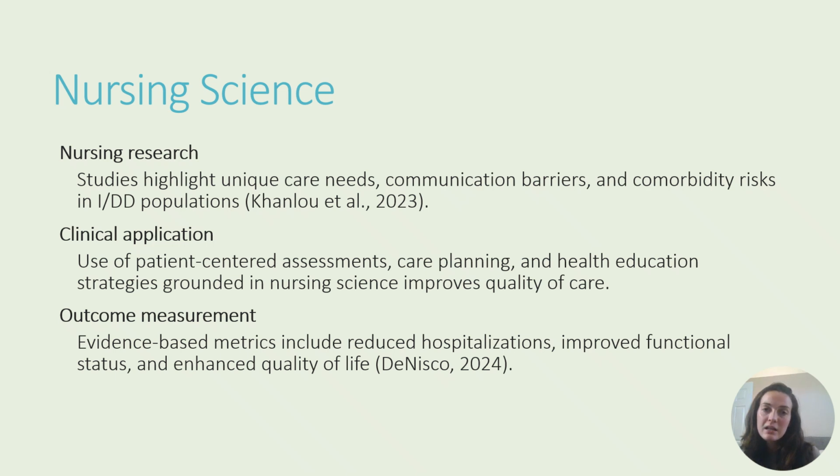Through nursing science, we use patient-centered assessments, data-driven care plans, and evidence-based education strategies to improve these patients' quality of life. Outcome metrics informed by nursing science, such as reduced hospitalization, improved functional independence, and higher patient satisfaction, allow us to measure the impact of interventions. Ultimately, nursing science bridges the gap between research and bedside care, and makes sure that the interventions we are implementing are safe, ethical, and person-centered.